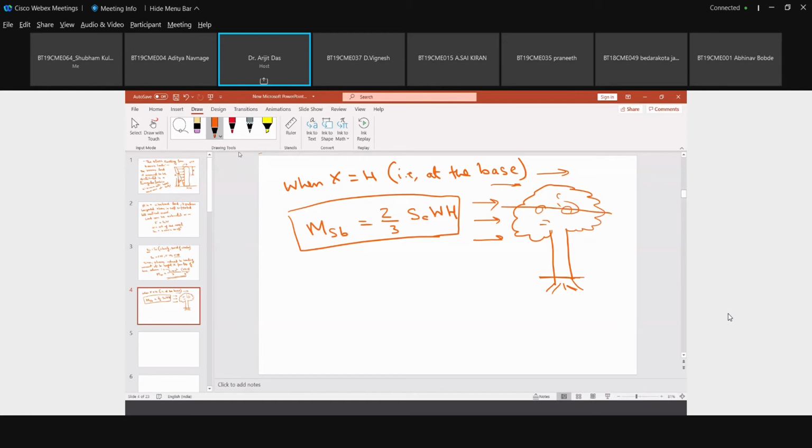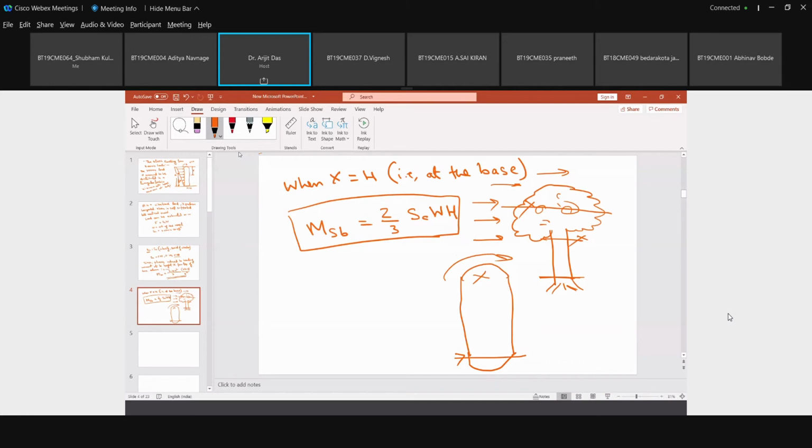Since the bending moment induced at the bottom is maximum due to the turbulence, the tree bends from the bottom. Similarly, when a column under vibrational load collapses, it collapses from the bottom, not from the top.